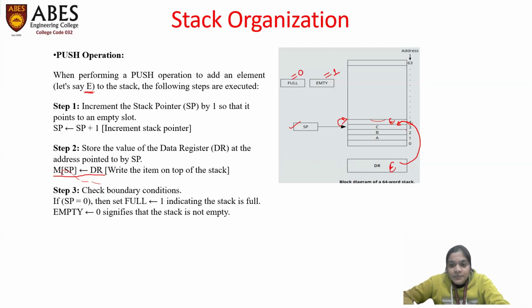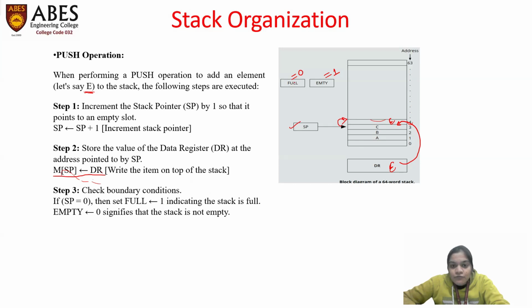After completing this instruction, storing the data inside the new location, we will check the boundary conditions. If the stack pointer value is equal to 0, that means the stack pointer is denoting the value 0, and then we set the full value equal to 1.